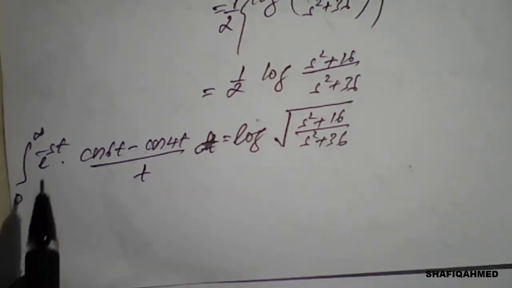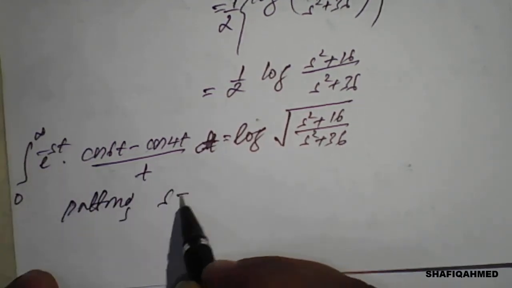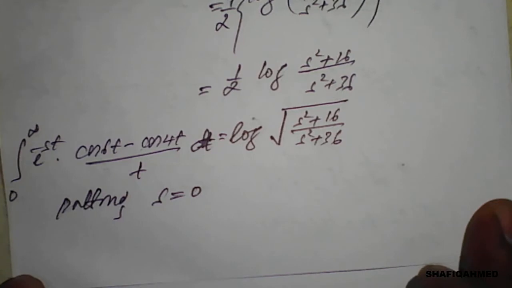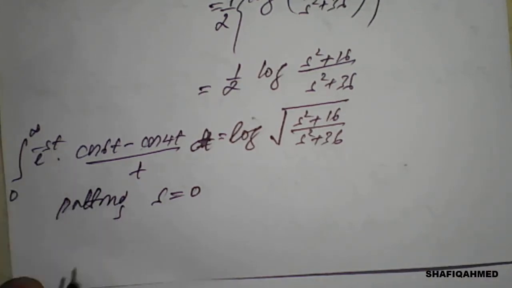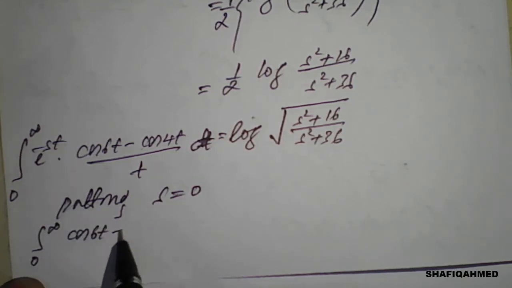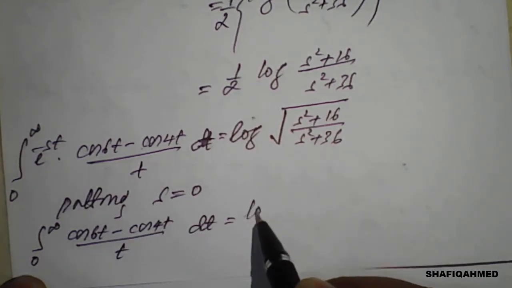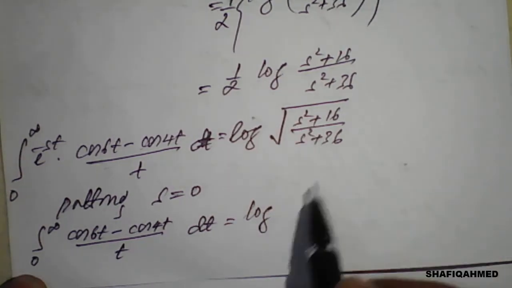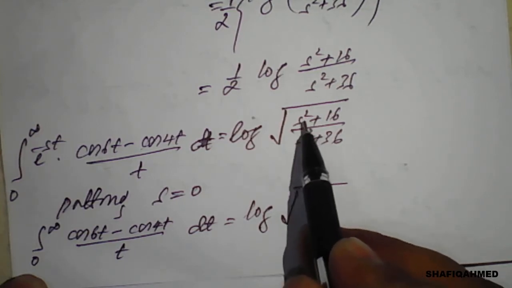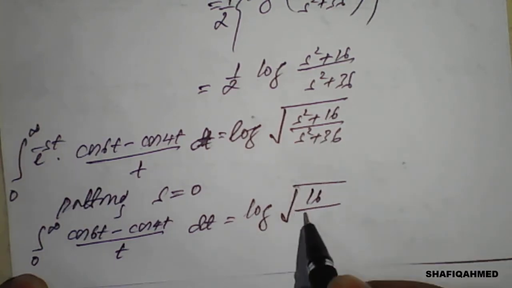what shall we do here? How to remove this one? Put s is equal to 0 on both sides. If you put s equal to 0, e raised to 0 is 1, so we get the integration from 0 to infinity of (cos 6t minus cos 4t) divided by t into dt, equal to log of the square root of, with s as 0, 0 square plus 16 is root 16, divided by 0 square plus 36, that is 36.